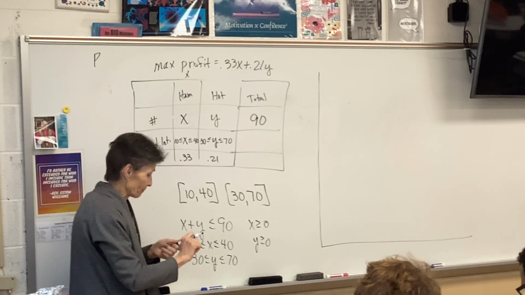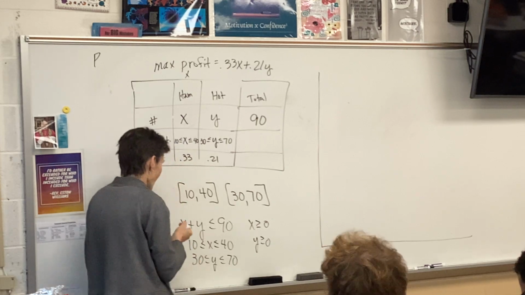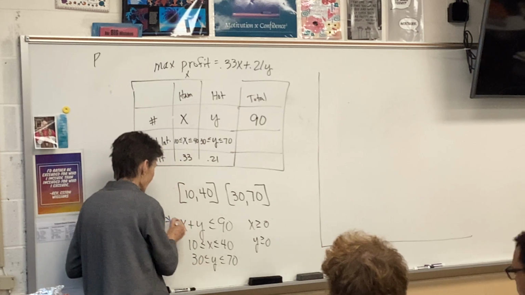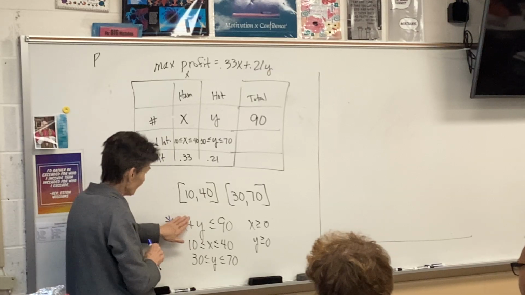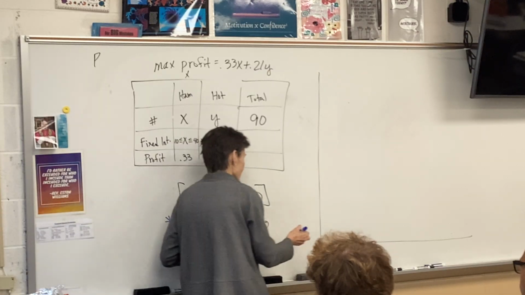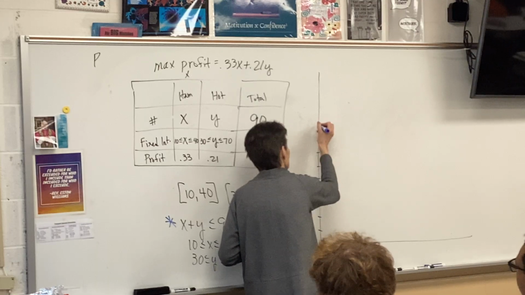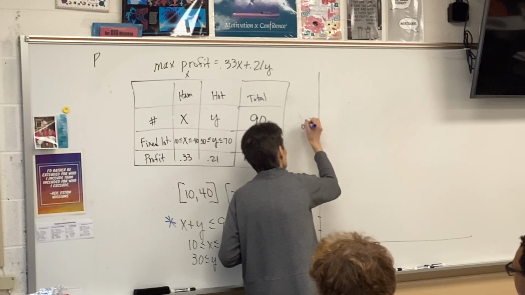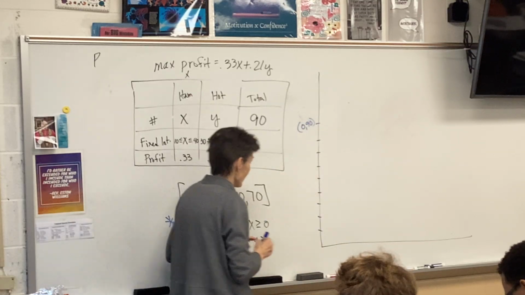All right. Now, looking at these numbers, I think I want to use the scale of 10 again. Count by tens. So if I cover up X, Y is 90. And if I cover up Y, X is 90.